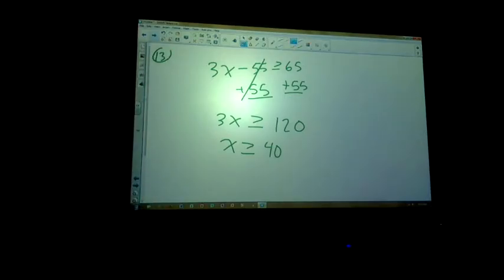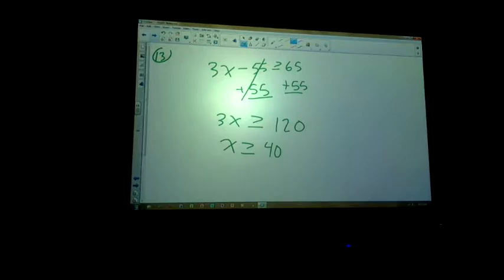So what does the 40 represent in this problem? What does the 40 mean in the context of this problem? It's less than or equal to $40 per item they sell. Nope. There's nothing with 40 in the problem. Yeah. They have to sell at least 40 items in order to make that $65 profit.